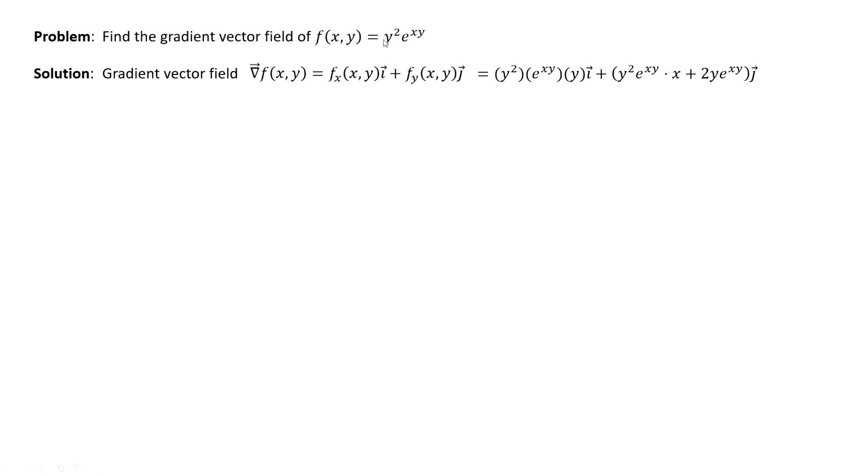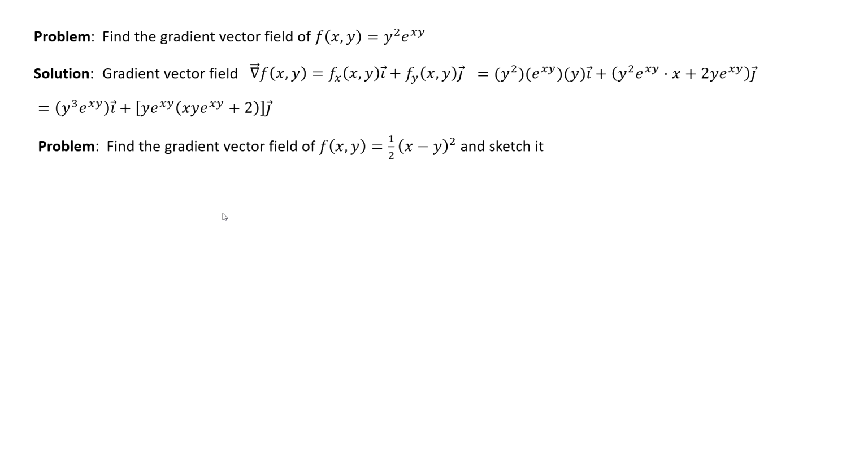Plus the second function, e to the xy, times the derivative of the first function, y square, is 2y. So that's what I have. Cool. That's it. So this is basically, of course, I simplified it. Y times y square is y cube, I said. And I factored out a y e to the xy and got this one. So you can do a problem like this, right?